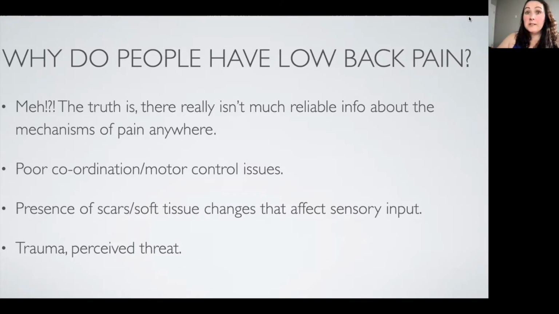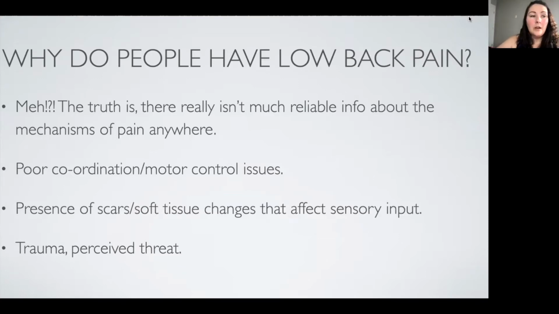There are some theories that some people like to attach to, and that's fine. Some of those include poor coordination or motor control issues. So not so much that something is not firing, but rather the timing of a series of muscle contractions is kind of off.